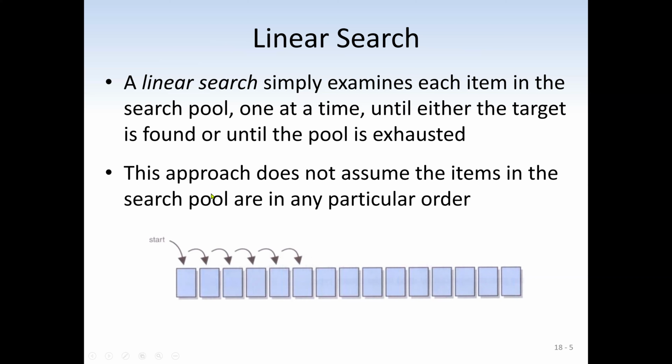Here we say this approach does not assume the items in the search pool are in any particular order. So in linear search, we don't sort the items in the list or the array. Now with binary search, one condition is the items in the array or the list must be sorted. But with linear search, there's no need.